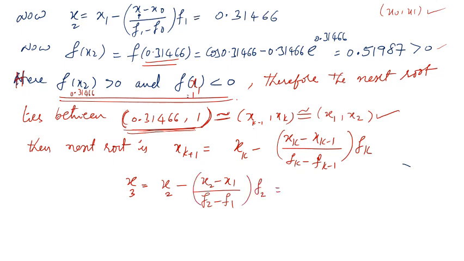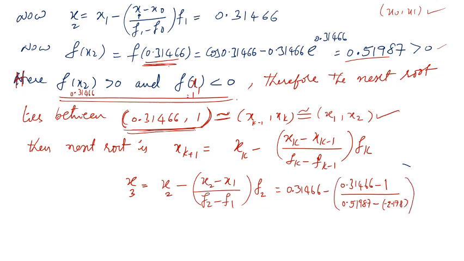Now you know all the values. x2 value is 0.31466 minus, x1 value is 1, by f2 value, which is already here, 0.51987, minus f1 value, minus 2.178.